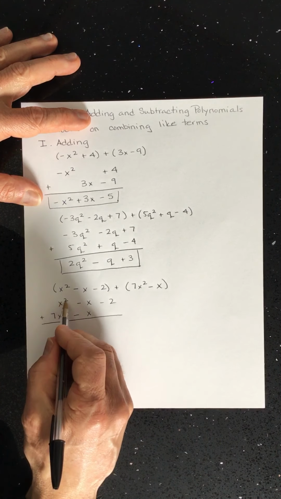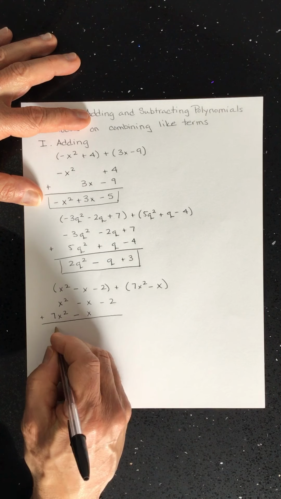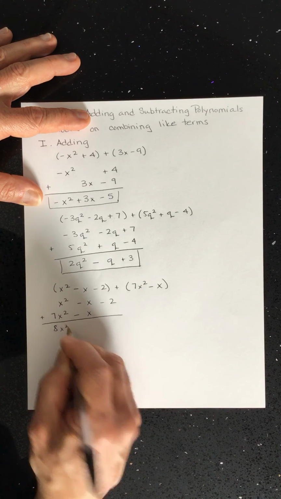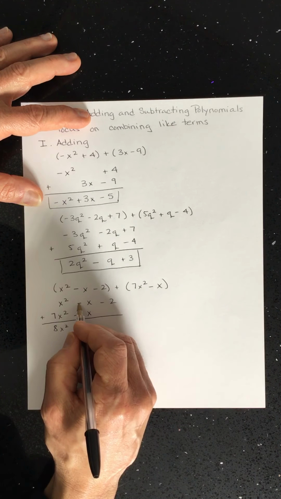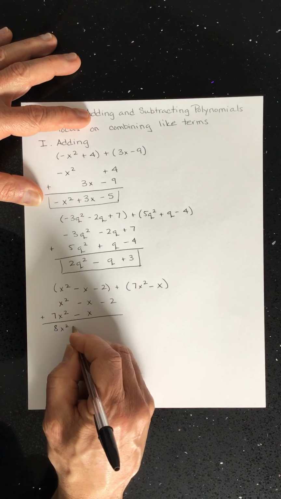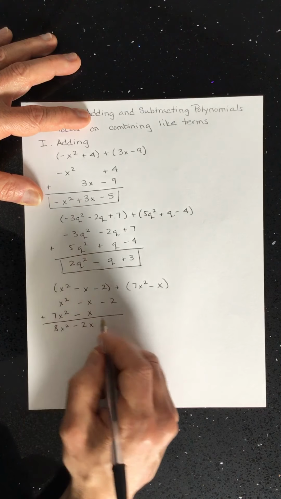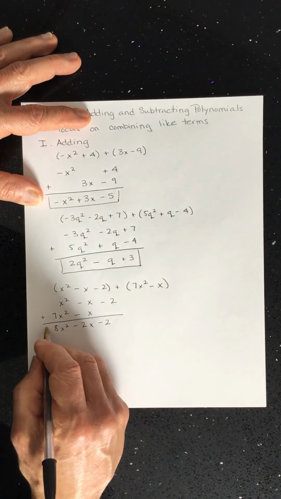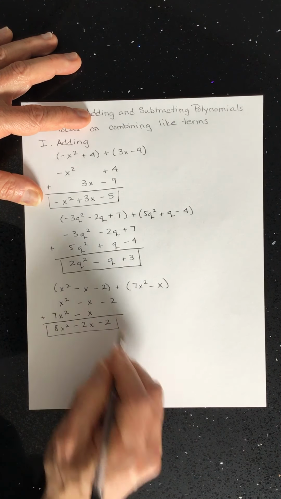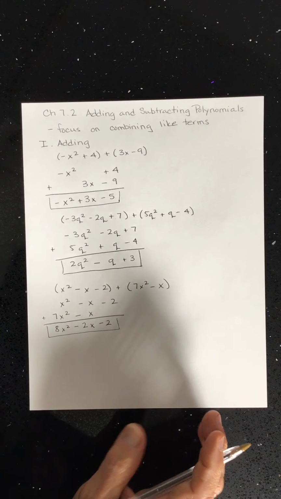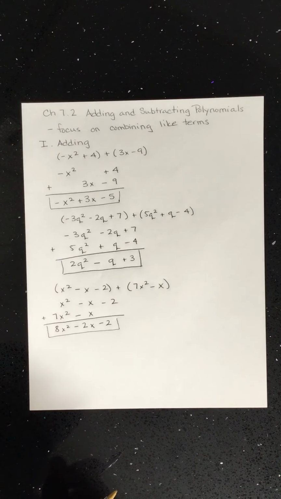And so I have x squared plus 7x squared is 8x squared. I have a negative x plus a negative x, which is a negative 2x. And then I have negative 2 plus 0, and that's negative 2. So there you go. These are my 3 examples for addition. We'll do some more at the very end.